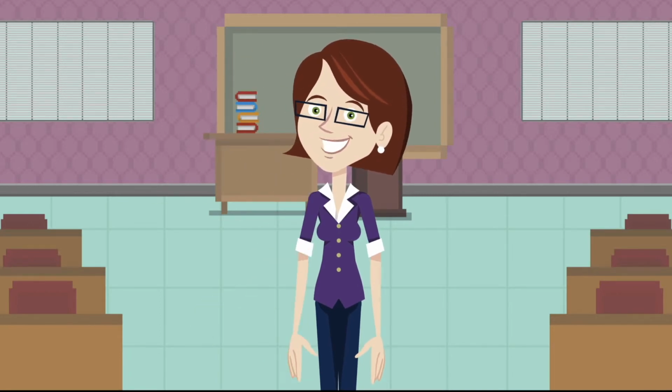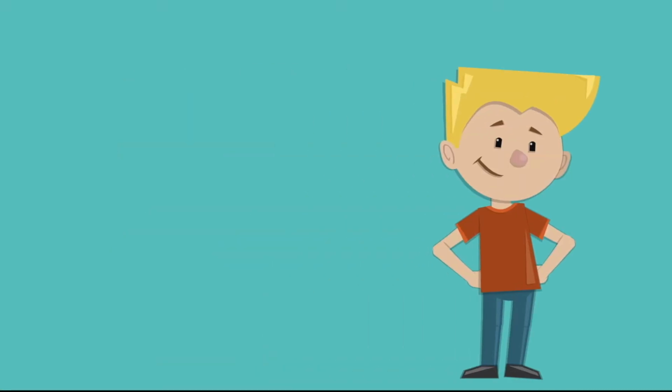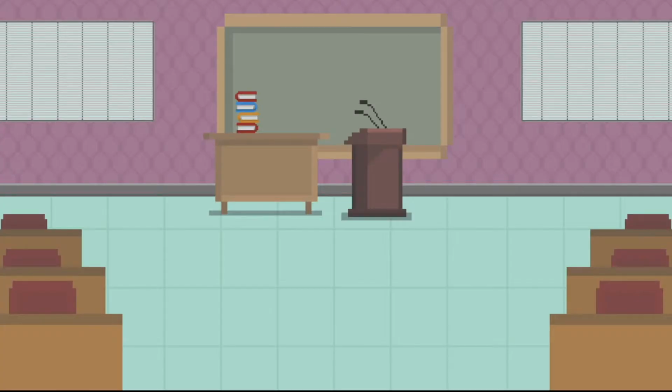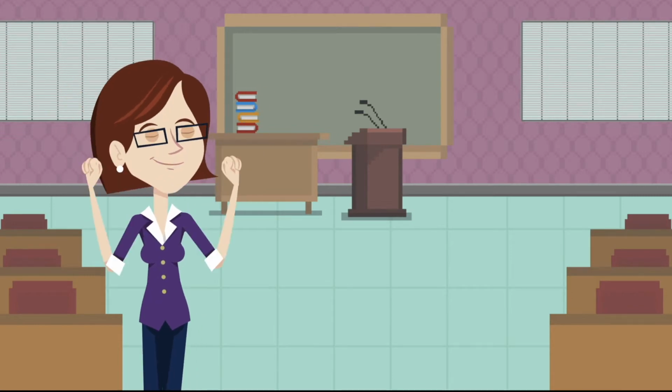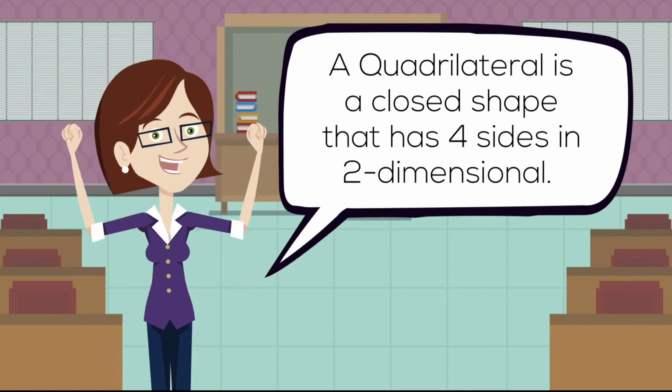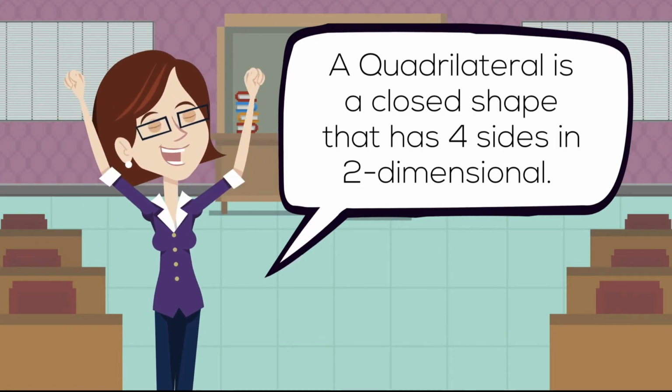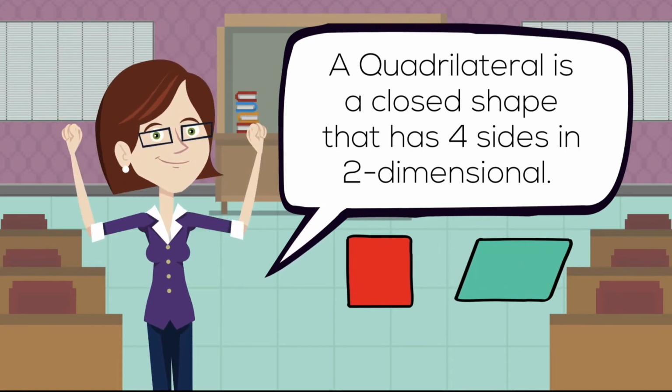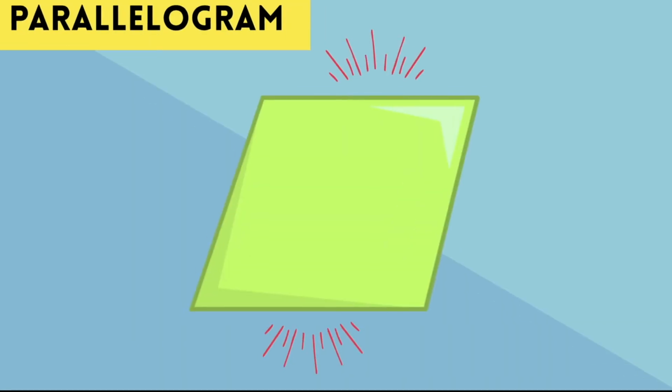In addition, let's dig deeper into the midpoint lesson, which is about midpoints and diagonals of quadrilaterals. What is it? A quadrilateral is a closed shape that has 4 sides in 2 dimensions. For instance, a parallelogram is a flat shape with opposite sides parallel and equal in length.